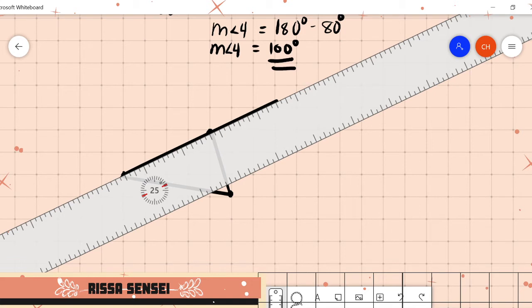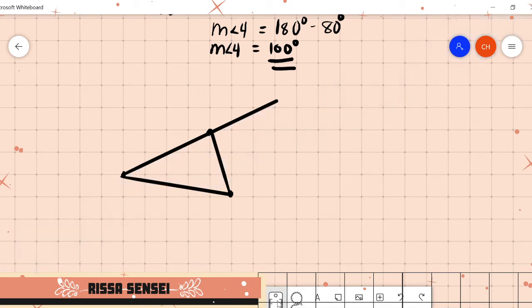Ayan. So, para maiba yung itsura ng ating triangle na merong exterior angle. Okay. So, pangalanan naman natin tong, let's see, this is angle 5 and this is angle 6 and this is angle 7. And we have the angle 8.